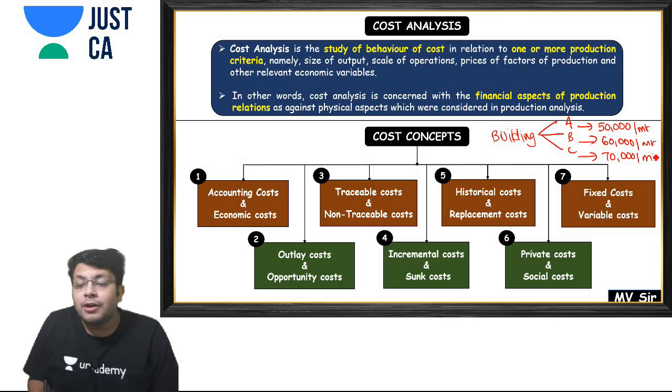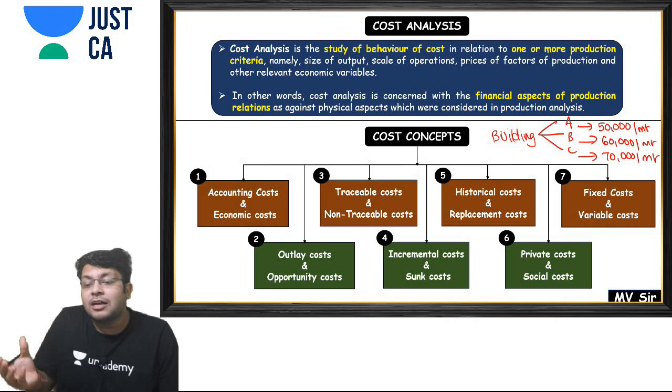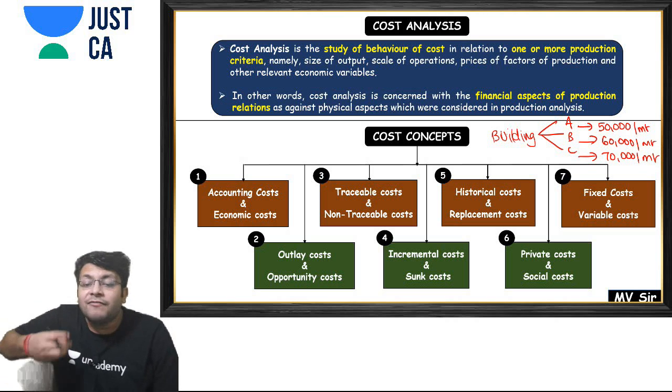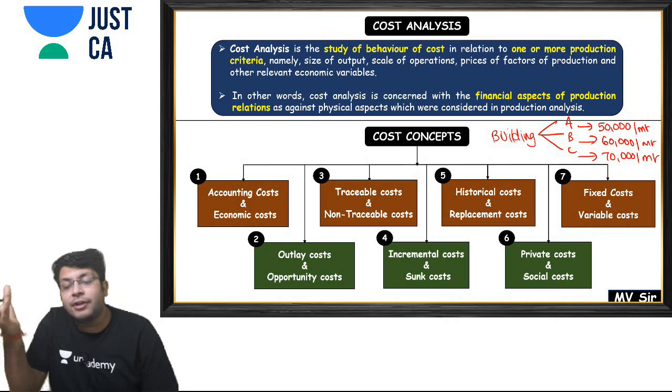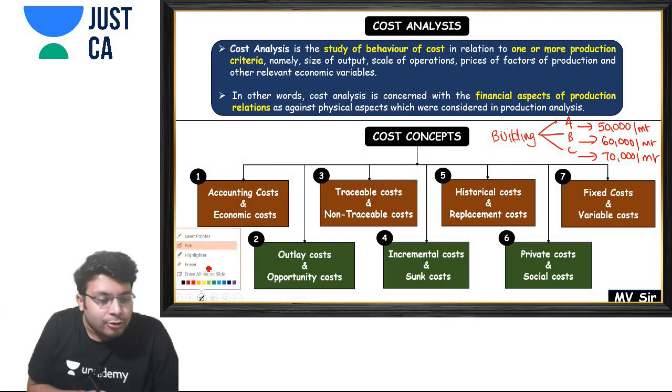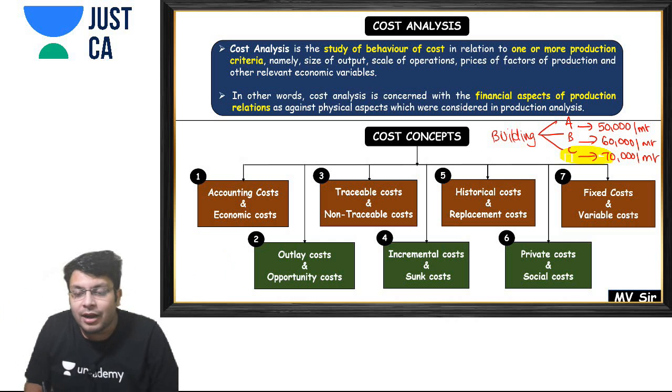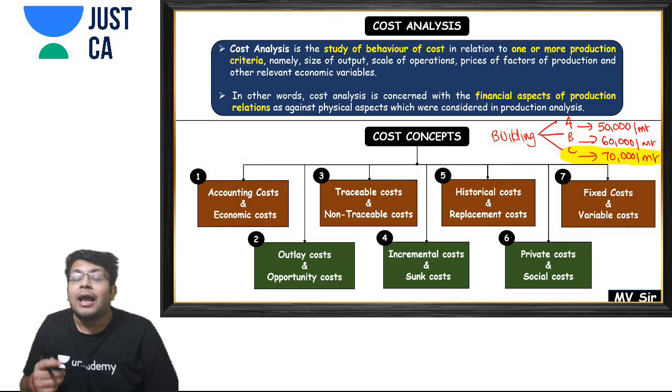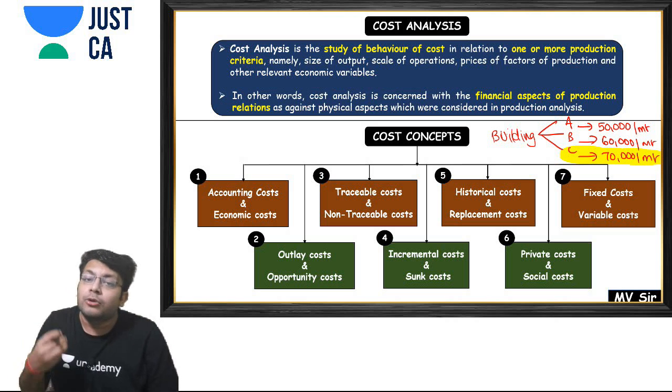So you will be getting 50,000, 60,000 or 70,000 depending on whom you give your building to. Now obviously what will I choose? Since I'm getting more rent, I'll choose to give my building on rent to C.